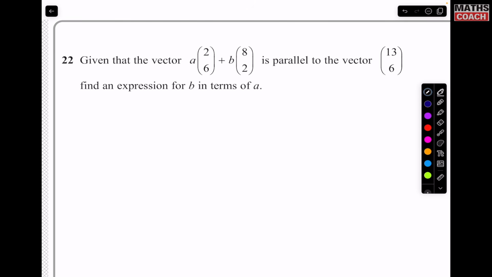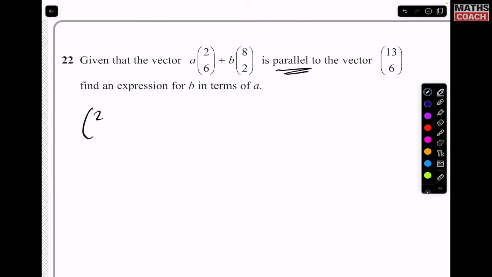All right, question 22. Given that the vector (2a, 6a) plus (8b, 2b) is parallel to the vector (13, 6), find an expression for b in terms of a. Right, so let's first of all put these in together.